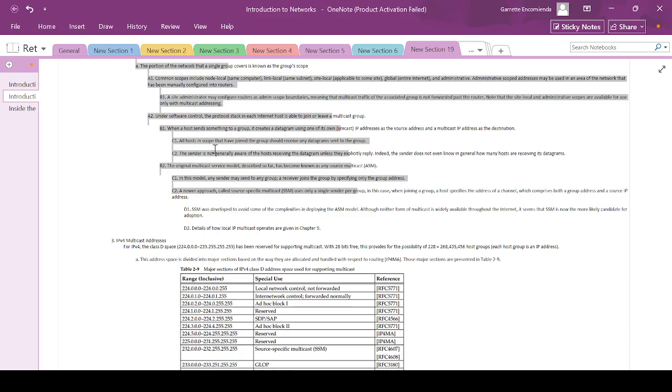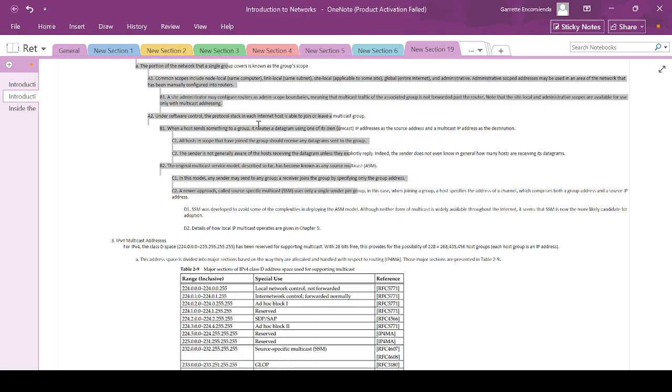So a site administrator may configure routers as admin scope boundaries. For this router that covers this network, it could be configured as an admin scope boundary, meaning that multicast traffic of the associated group is not forwarded past the router.